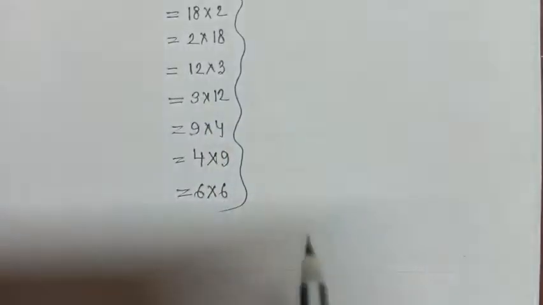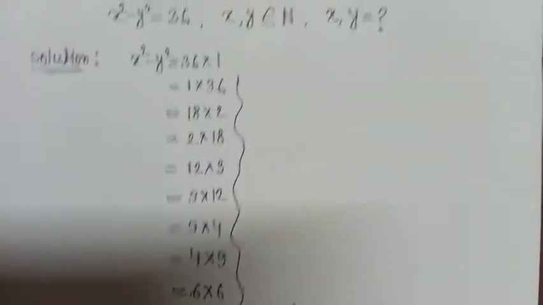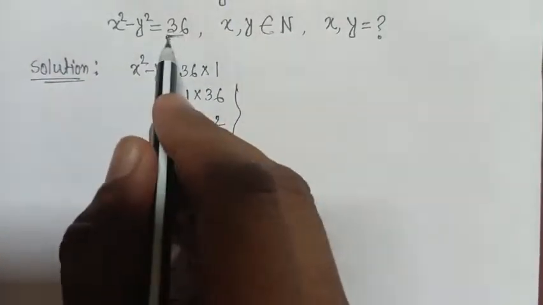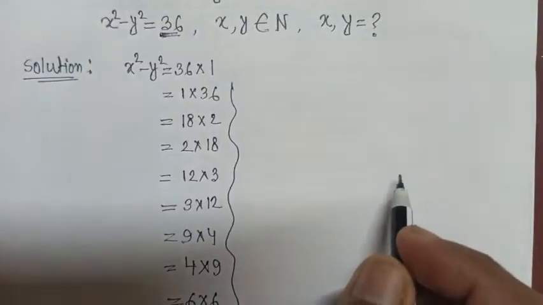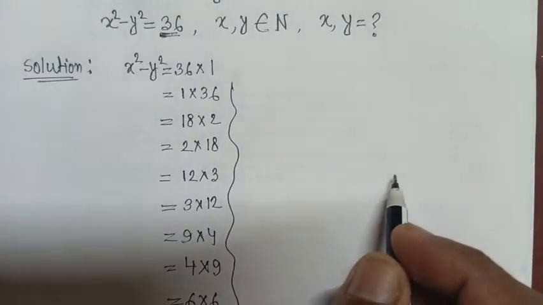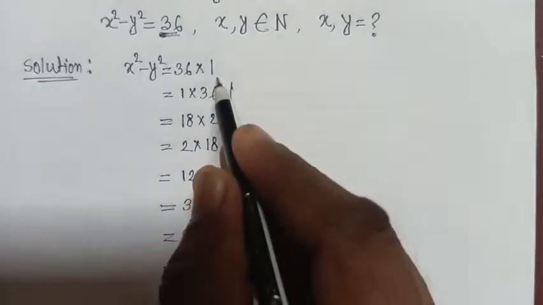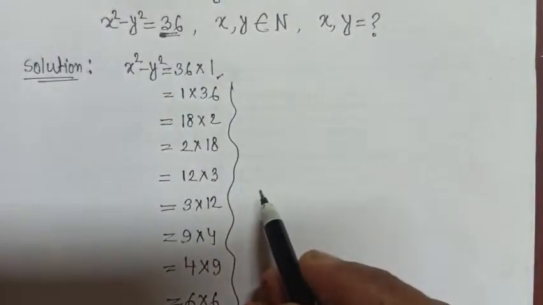So we are getting values like this. Okay, so we can get the 36 like 36 into 1.